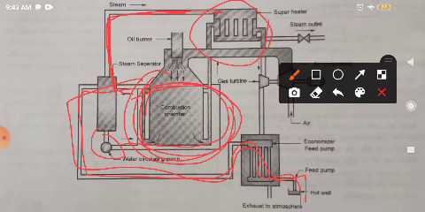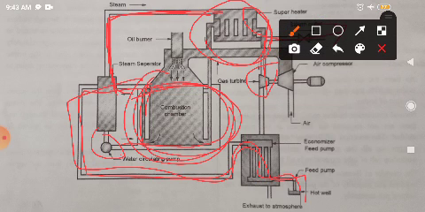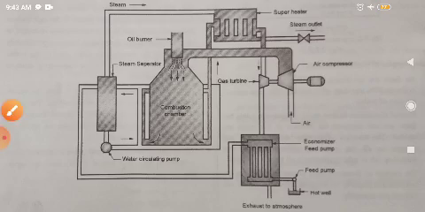Then steam is further given to the superheater, where the superheated steam is again given to the steam turbine, and a part of it is used for running the turbine, which is coupled with the air compressor, and the air is supplied to the combustion chamber for combusting the fuel. In this way it actually works.